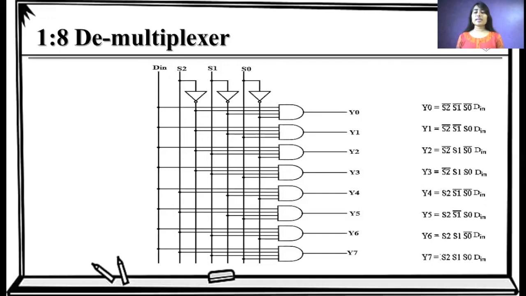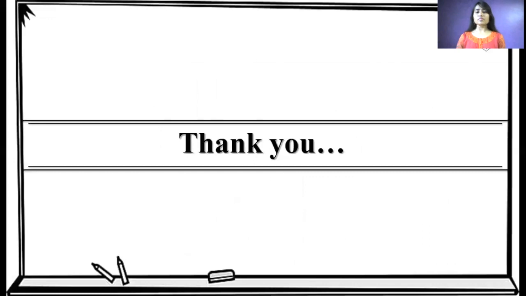And these 8 outputs can be implemented using one input D in and 3 selection lines S2, S1, S0 using a total of 8 AND gates and 3 inverters. So here we have a logical diagram of the 1-to-8 demultiplexer. Thank you.